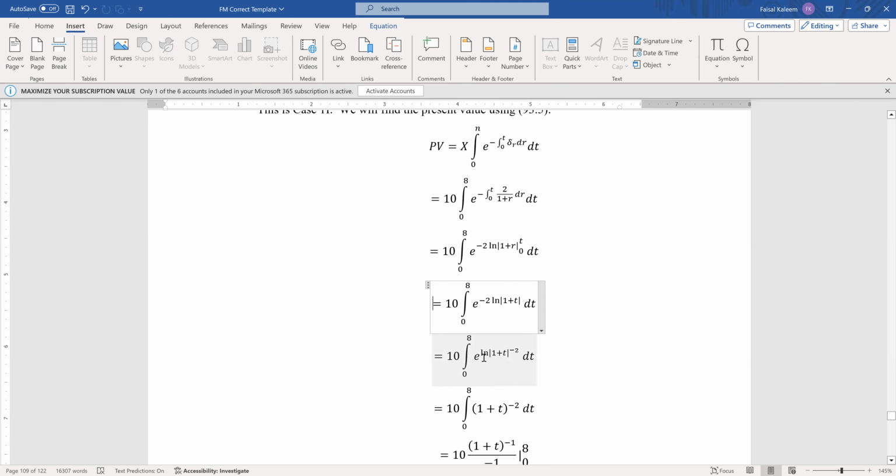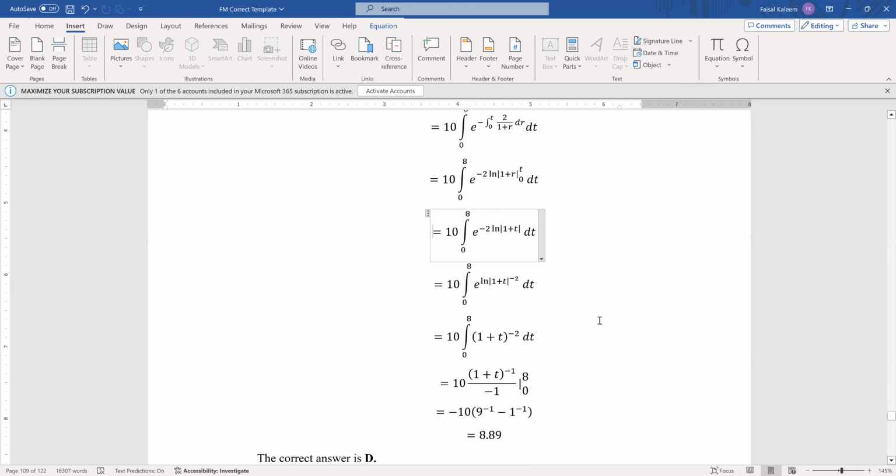So this is equal to e to the ln of 1 plus t, whole power negative 2. And we know that when e and ln are together, one in the base and one in the power, they cancel out. So it's just 1 plus t to the negative 2, and since it's an even power, we can get rid of the absolute value.